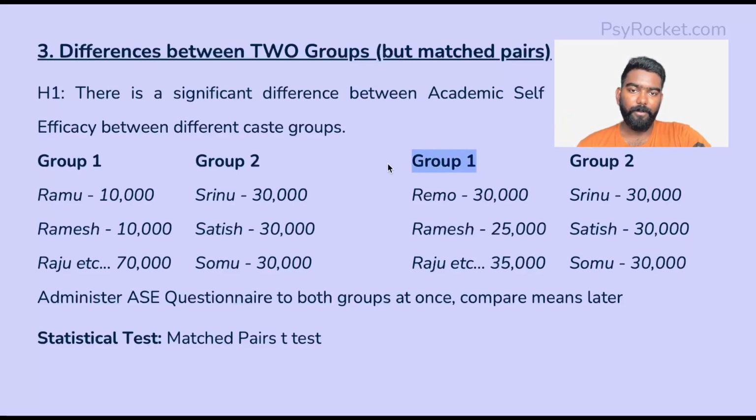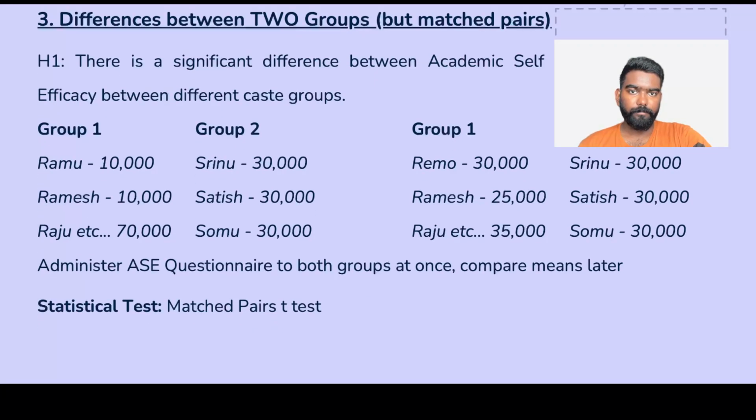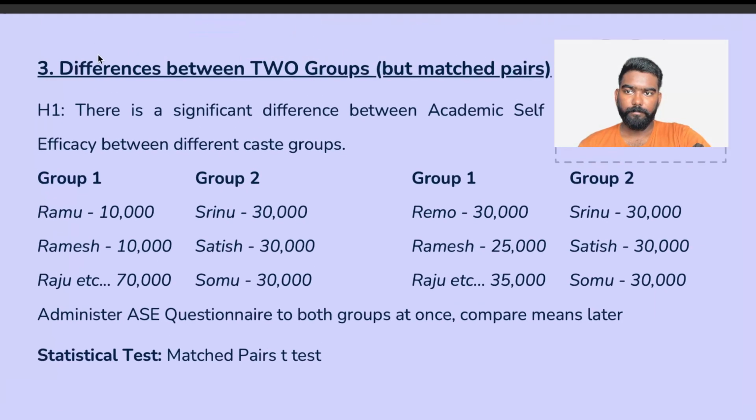Look, suppose you recruited participants such that in group 1 the average income is 30,000, and in group 2 the average income is also 30,000, but the variance within each group is not large compared to the earlier case.